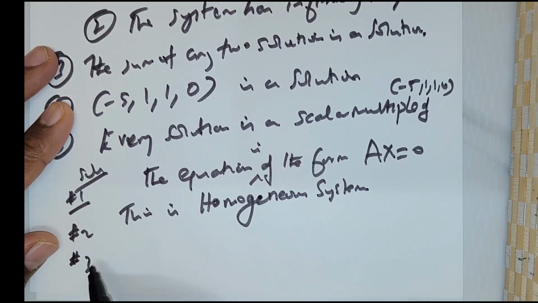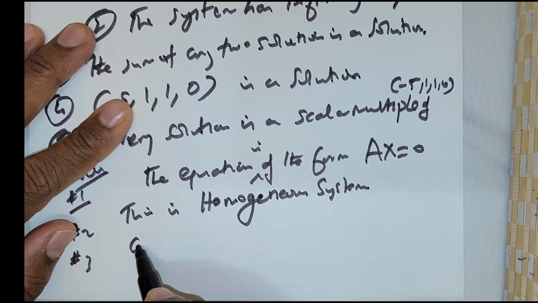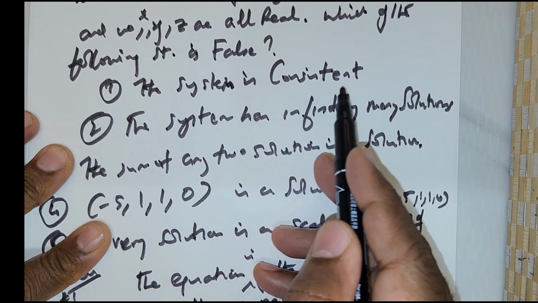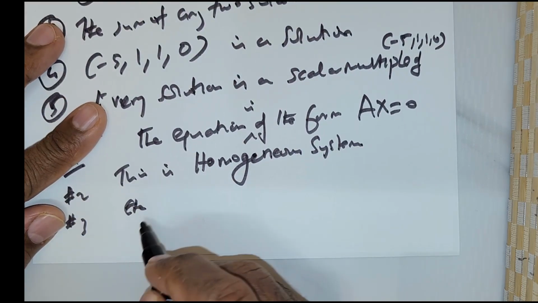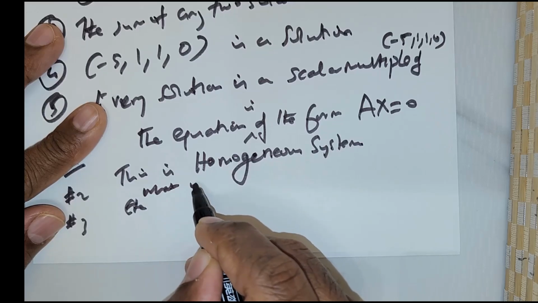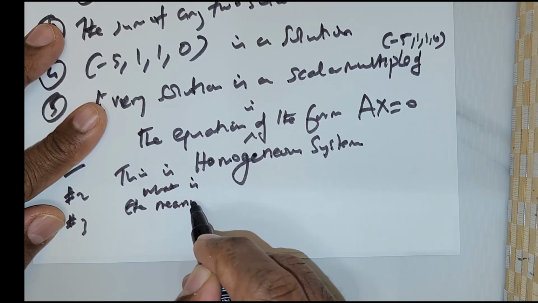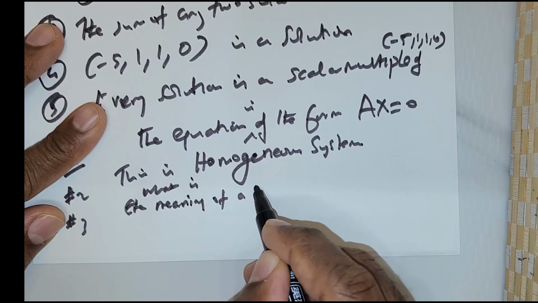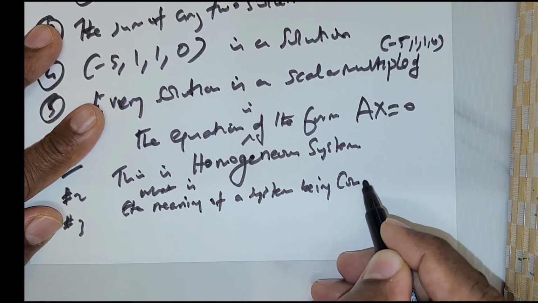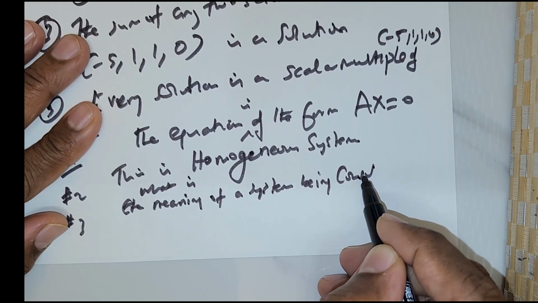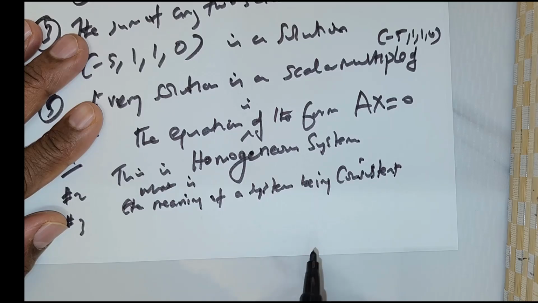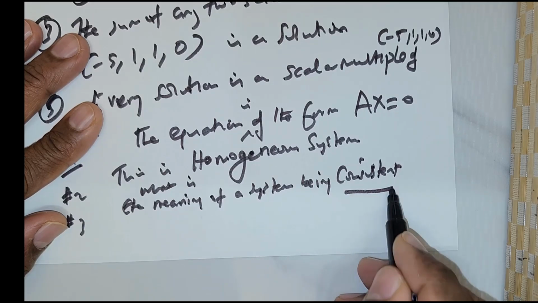Now the third point, we are seeing the term consistent. The system is consistent. This is a choice, right? Now we need to understand what is the meaning of a system being consistent. Do you know?